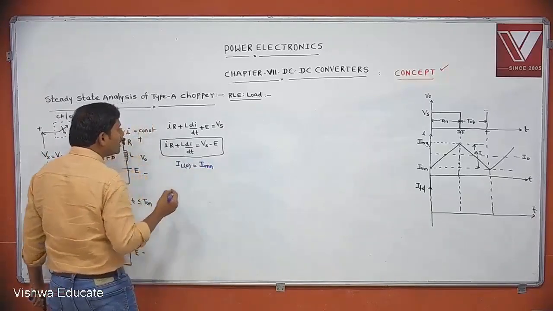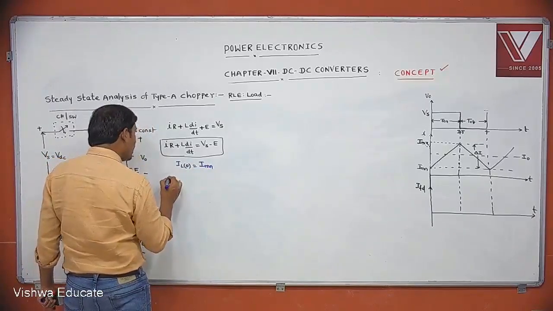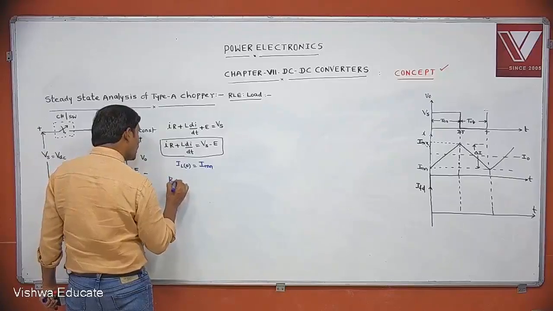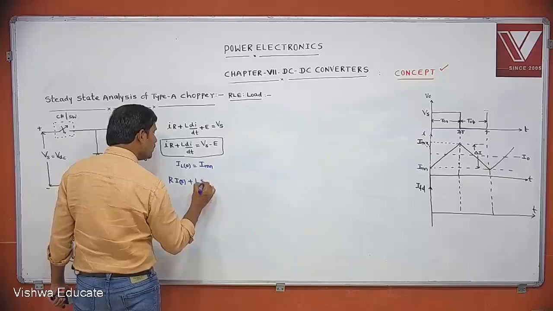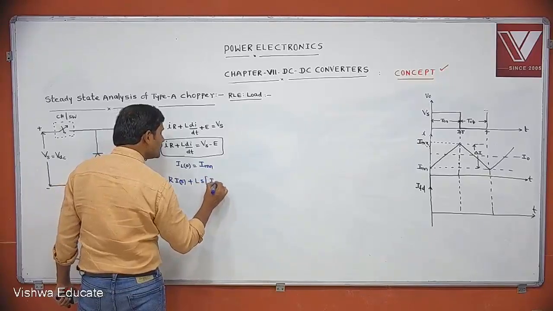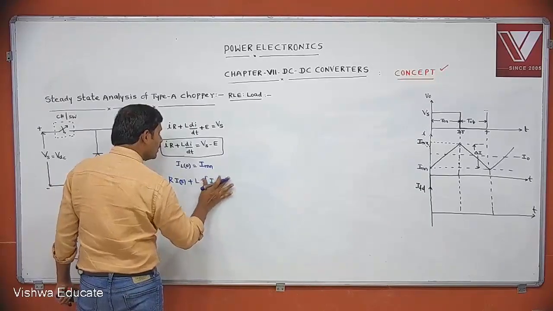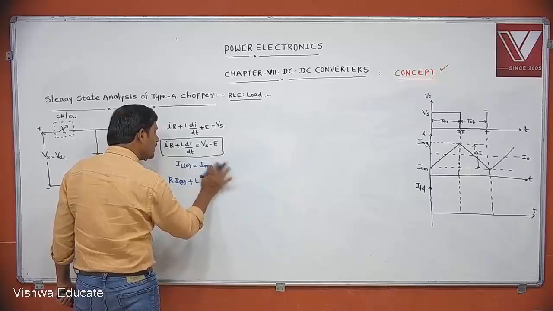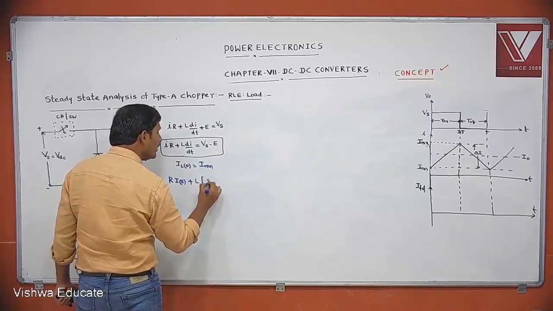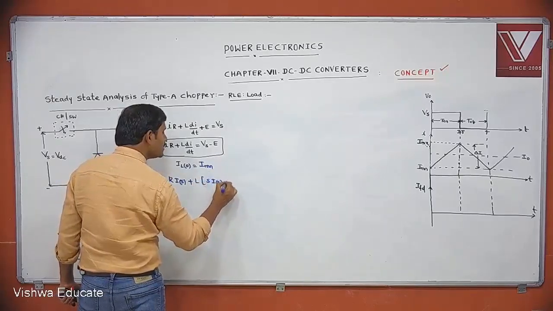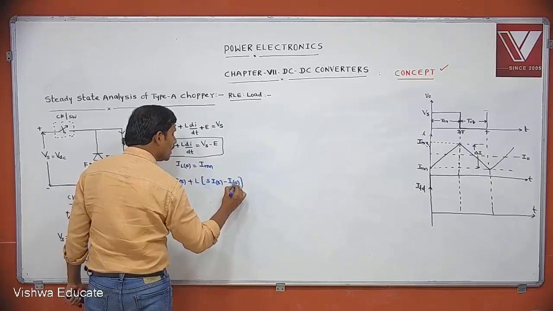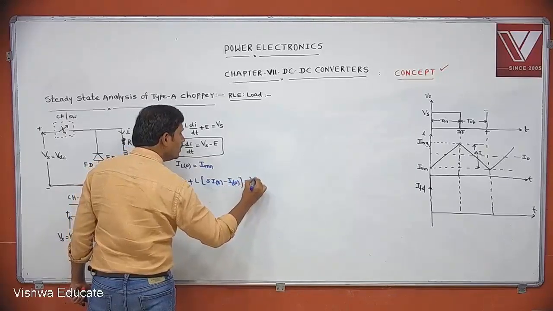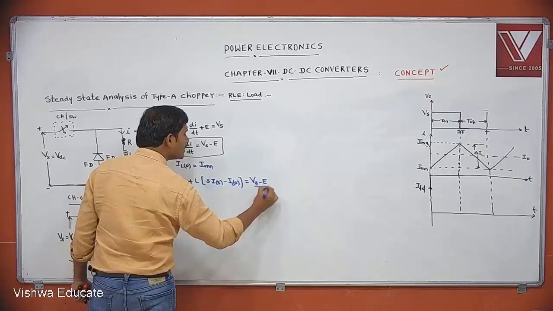Then we get R into I of s plus L into s into I of s minus IL of 0 is equal to Vs minus E by s, since it is a constant.